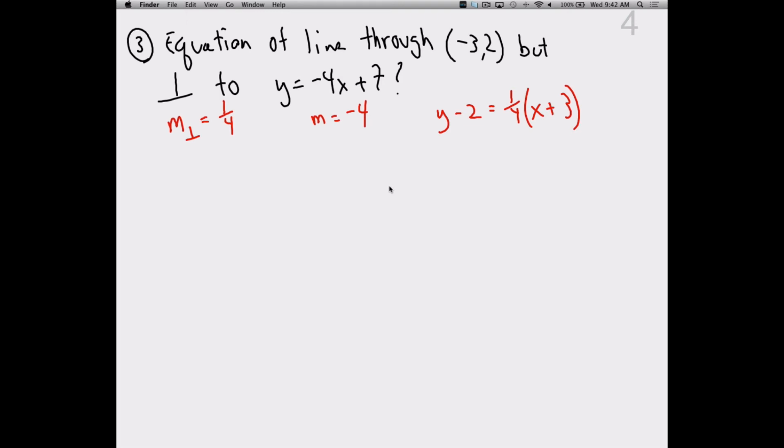How'd she do? Good. Okay. Because it's x minus a -3, so it becomes +3.